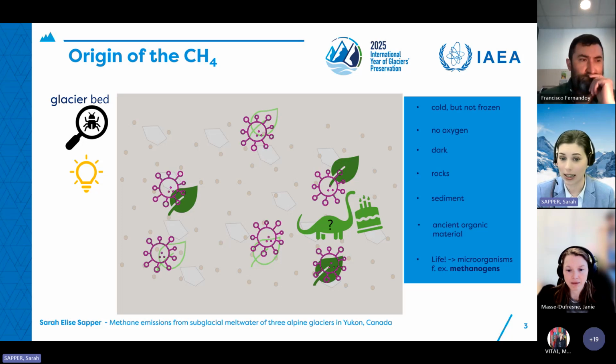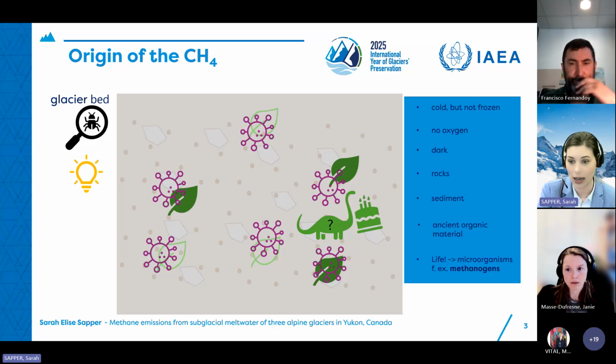And then further in the analysis, we would also find out that there is life in the subglacial environment, life in the form of microorganisms such as methanogens, which have specialized to be living and thriving in these very unhostile environments without oxygen.